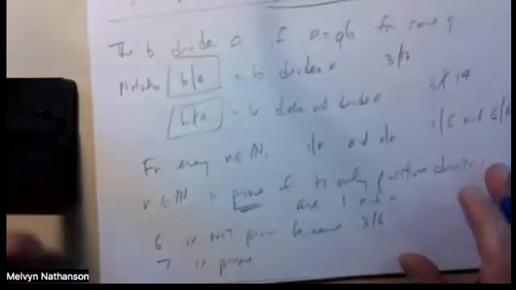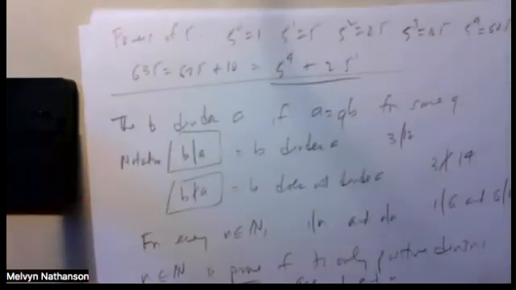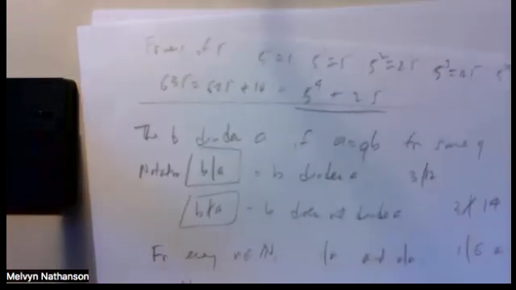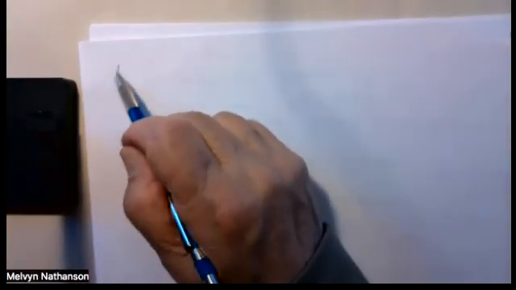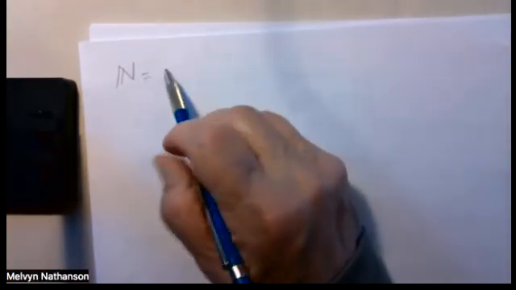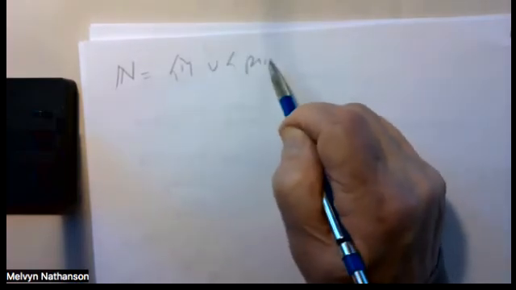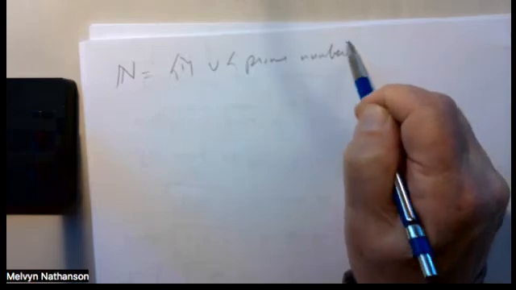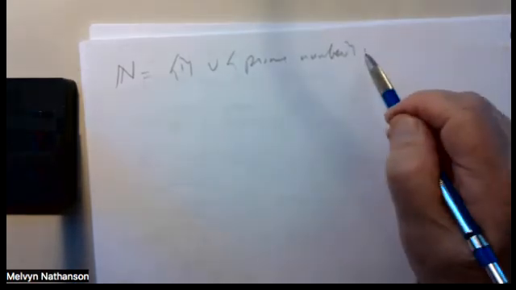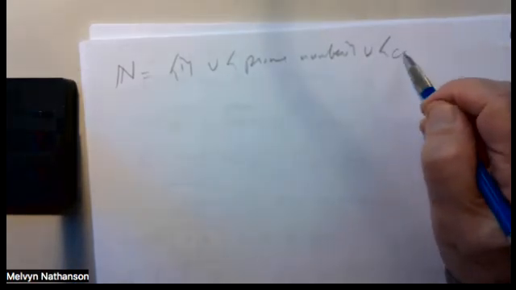So in fact, we divide the positive integers into 3 classes. For the set of positive integers, we have the number 1, which is in a class by itself, the prime numbers, and the numbers bigger than 1 that are not prime, which are called composite numbers.